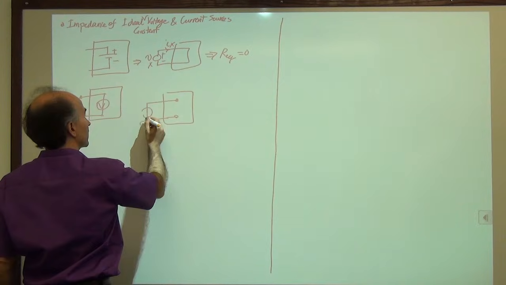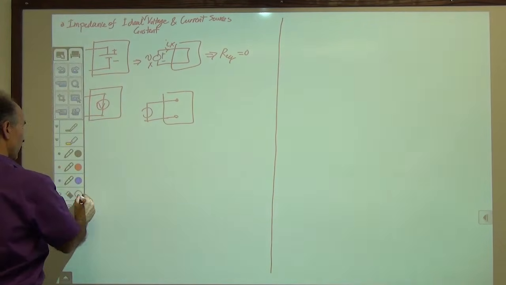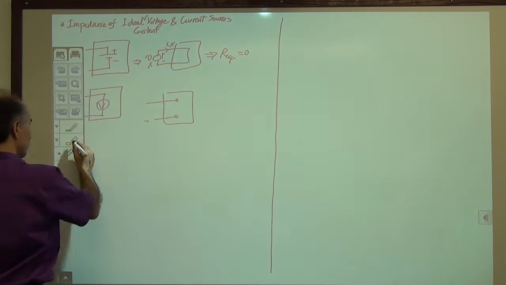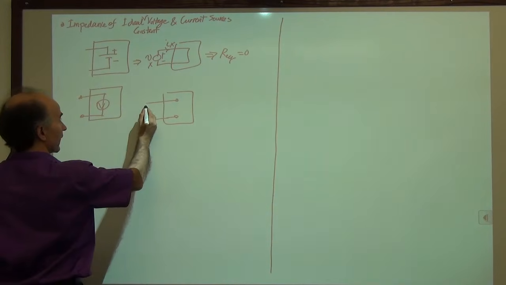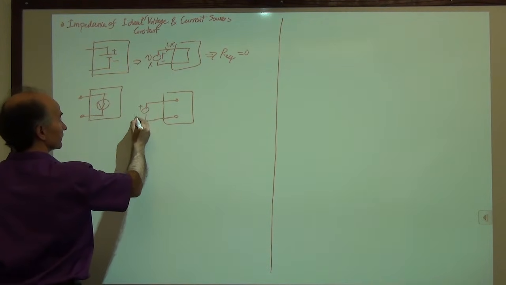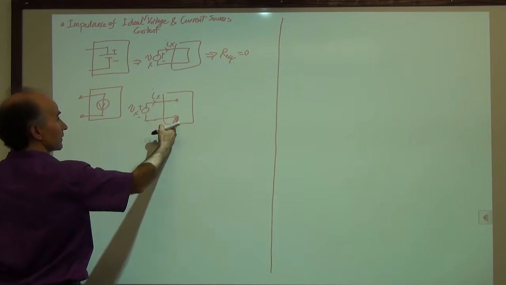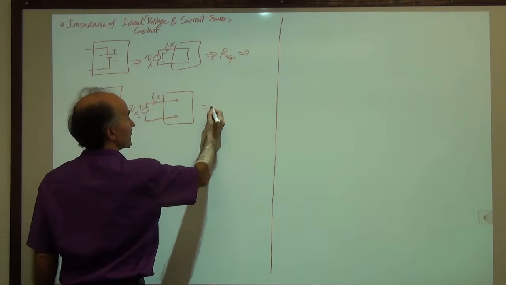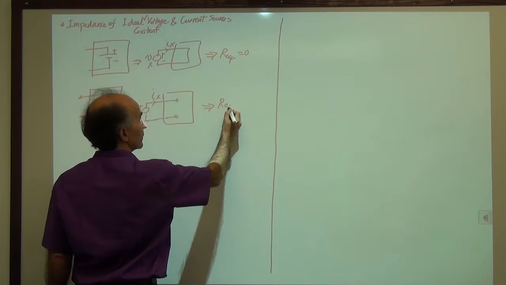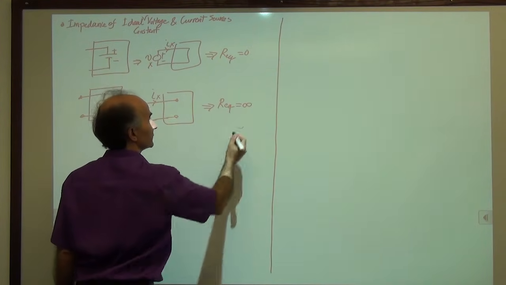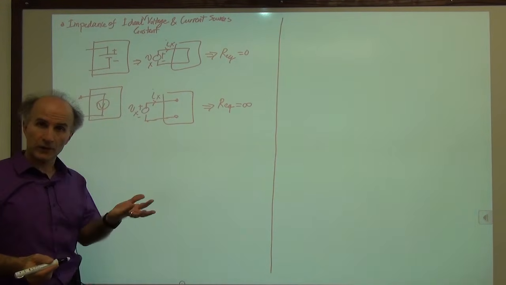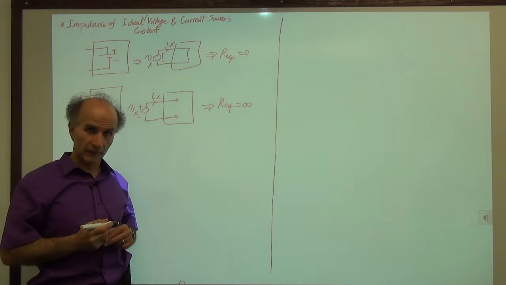And then we come along and apply our Vx. Try to measure Ix. Ix is 0, so that means that the equivalent impedance is infinity. It makes sense. It's an open circuit. An open circuit has an impedance of infinity.